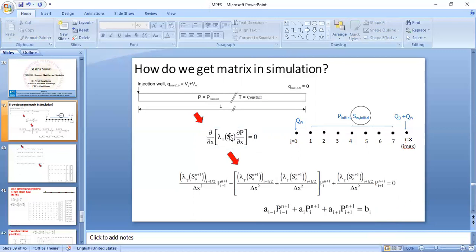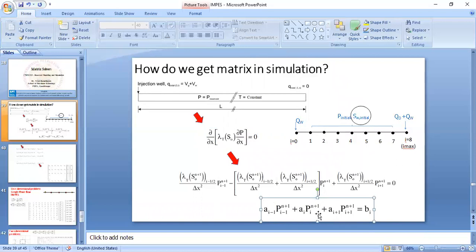After transforming this PDE into a finite difference form, we end up in an equation like this. This equation holds good for each node. For this control volume it is applicable, and for this control volume it is applicable. So apply I equal to 1 here, and then you get an equation.